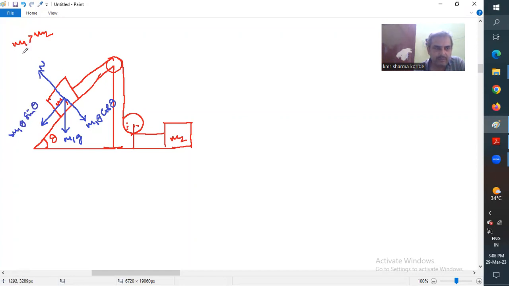If m1 is moving down, the tension in the string opposes its motion, whereas the tension favors the motion of m2. So the free body diagram for first m1: m1g sin theta favors, tension opposes, equal to m1a.